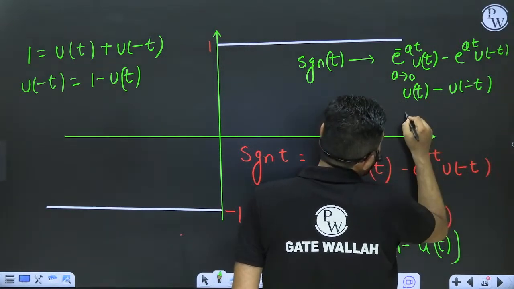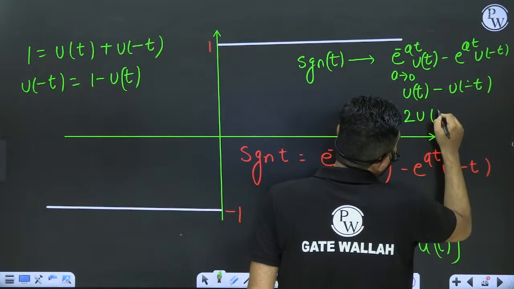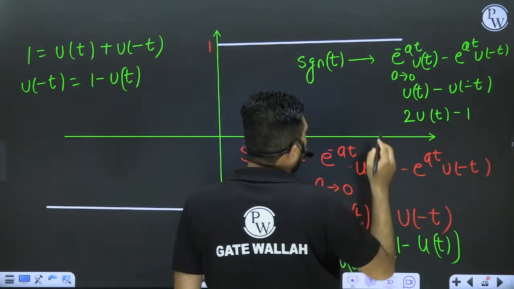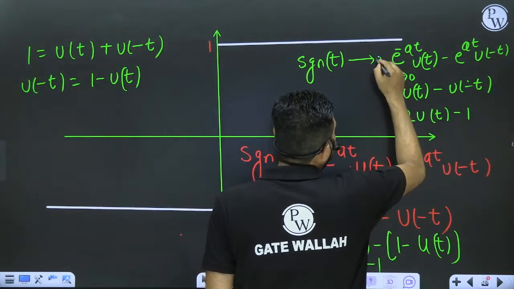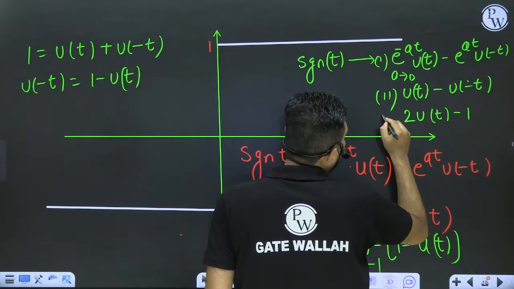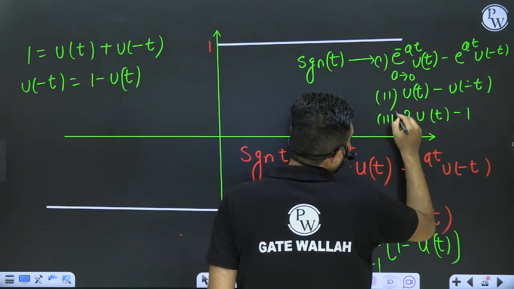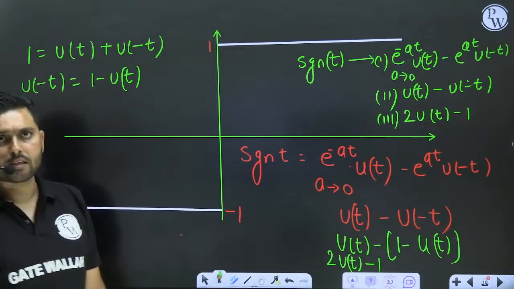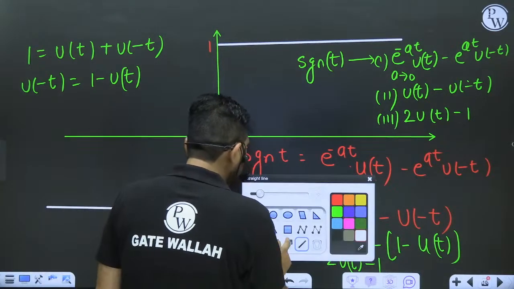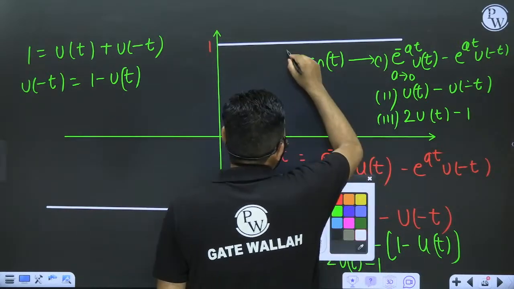And number 3, 2u(t) minus 1. This is what a signum representation is. These are the three representations of a general signum function.